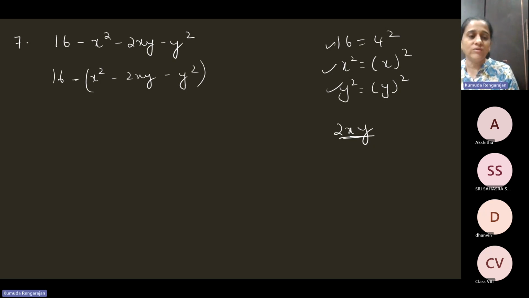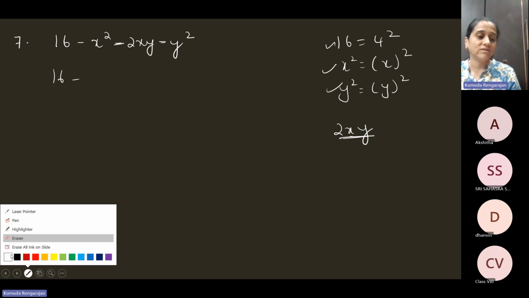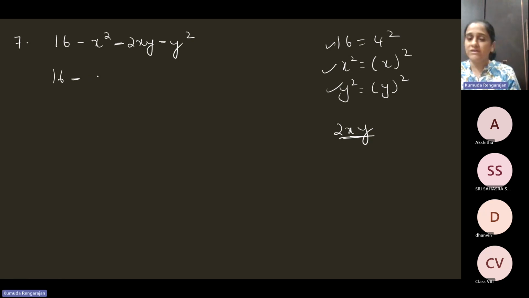Now only this one will be the same, minus x square. Minus into minus plus 2xy, but it's actually minus 2xy. Minus into minus plus y square, but it's actually minus y square. So what you should do is put a bracket, but write the terms inside the bracket with their opposite signs. See, 16 minus.